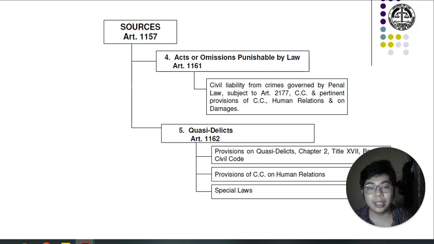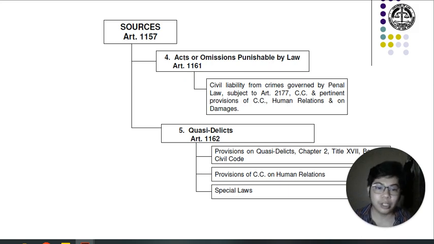So in each and every contract, one of the essential requisites is the existence of consent between the contracting parties. And when do you know that there is consent? When there are at least two persons involved, and these persons are what we call contracting parties.